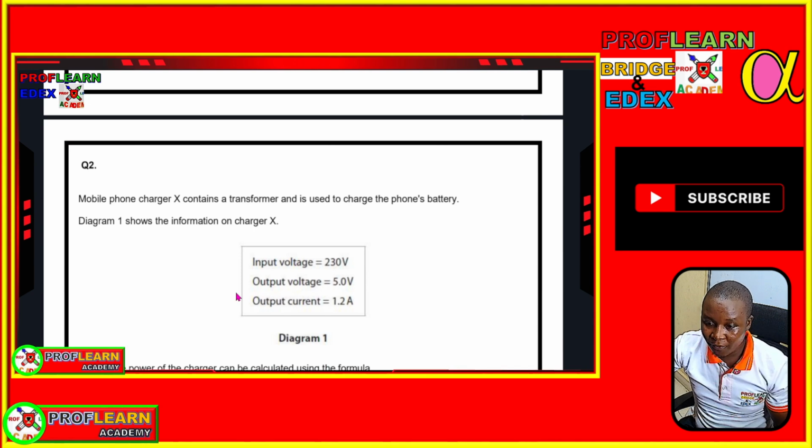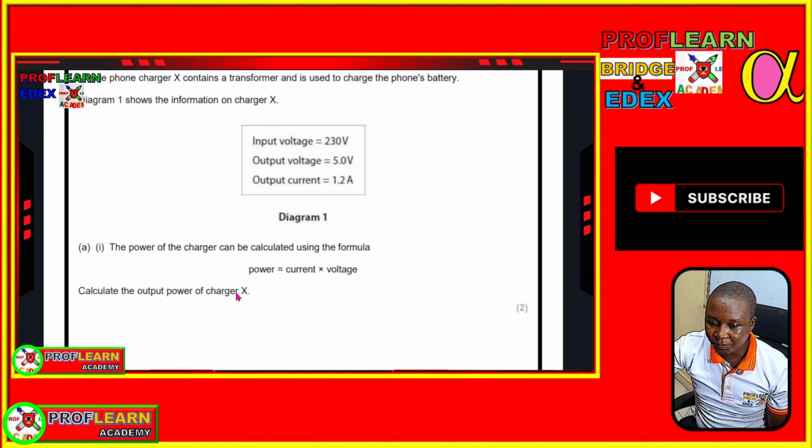We're told that a mobile phone charger X contains a transformer used to charge a phone battery, and we have the specifications there. We have an input voltage of 230 volts and an output voltage of 5.0, so you can see voltage is reduced. Input is 230, output is 5.0. That is a step down transformer, because its purpose is to reduce voltage, and the output current is 1.2 amperes.